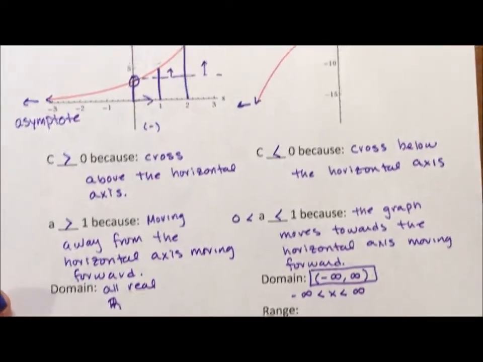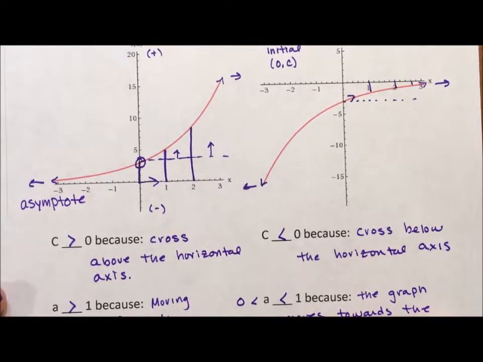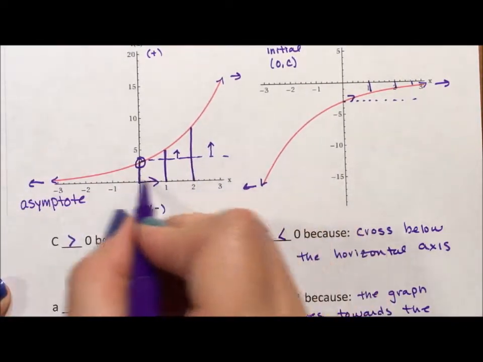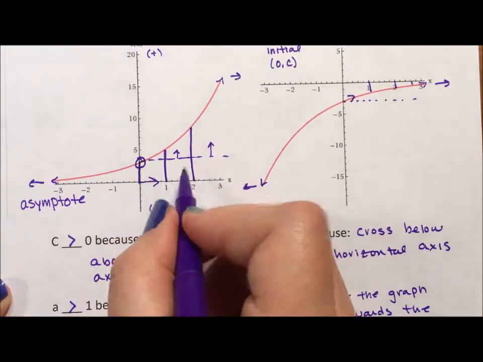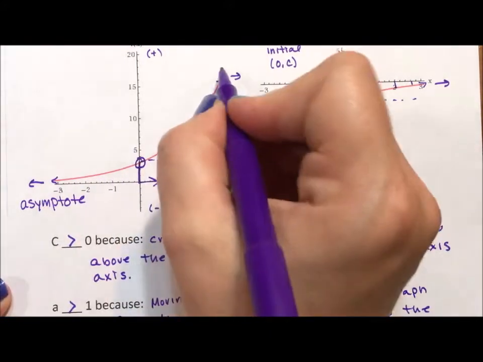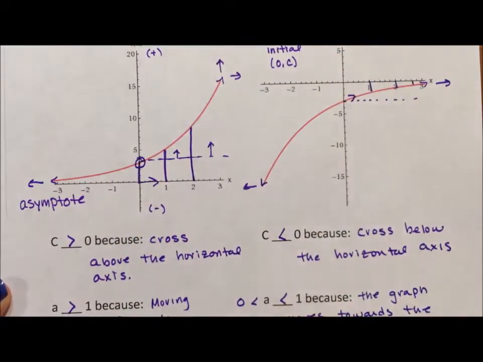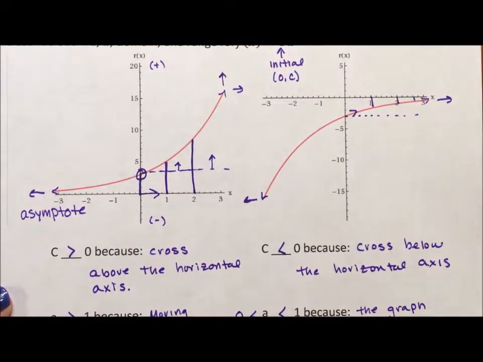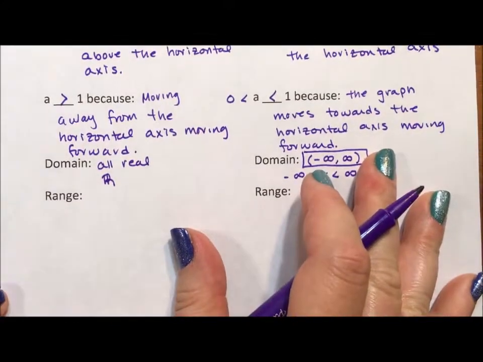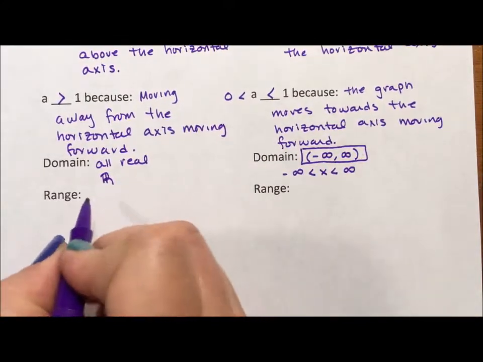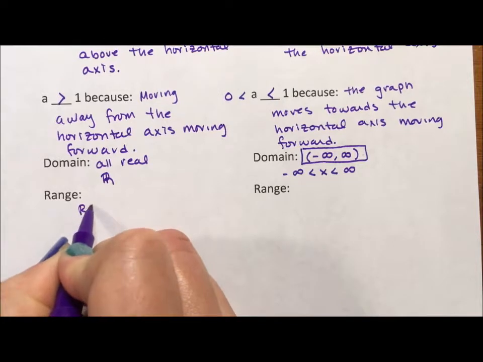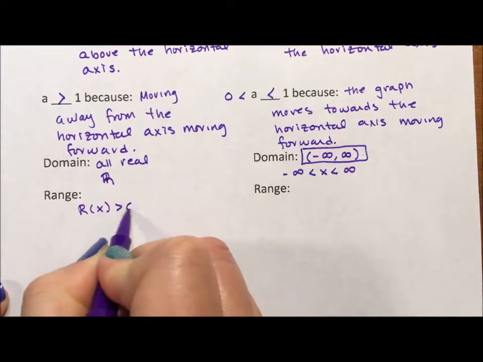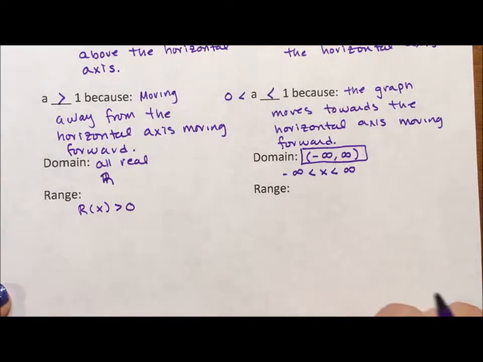Okay, range. Range is your up and down values. Well, I already told you this was an asymptote that we're not going to cross, so we're never going to equal 0. But this says we're going to go forever up. So that means for my range for this one, I can either say r of x is greater than 0. It can't equal 0, so I don't have an equal sign there.